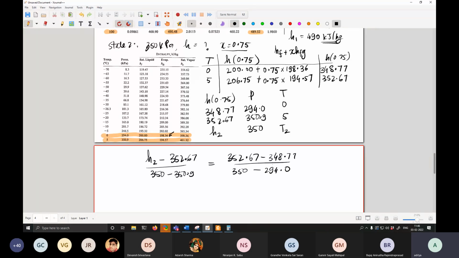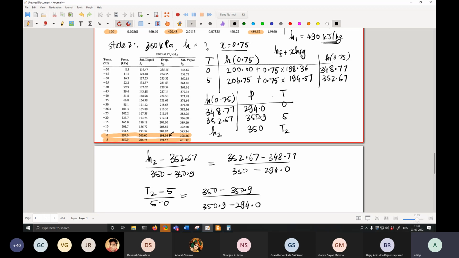And if someone tells you, hey, I also need to know what the final temperature is, well, we can do T2 minus 5 over 5 minus 0 is equal to 350 minus 350.9 over 350.9 minus 294.0. We are just doing a linear interpolation between these values. Nothing sacrosanct about this. So what is the value of h2 using your calculators?